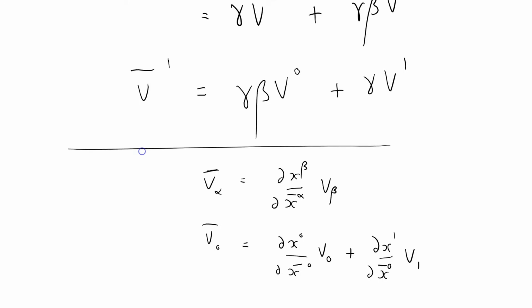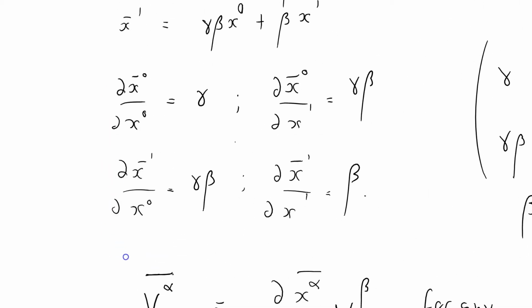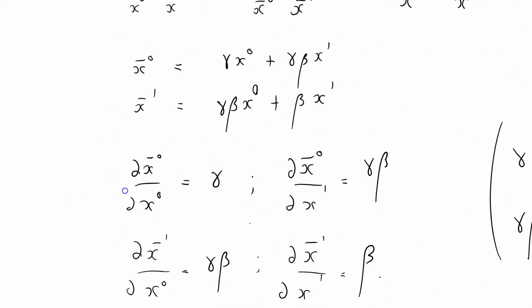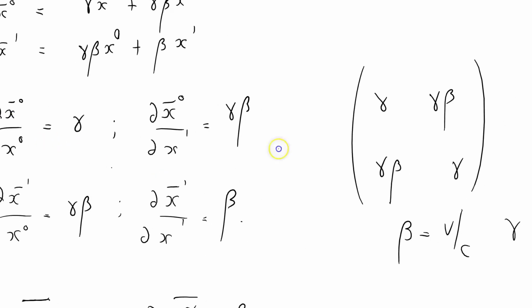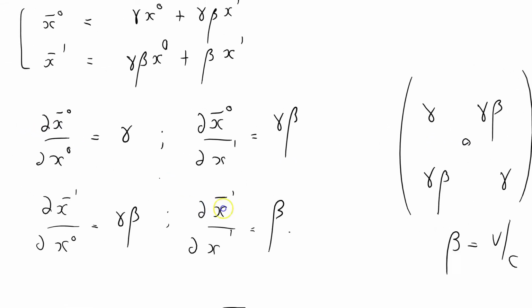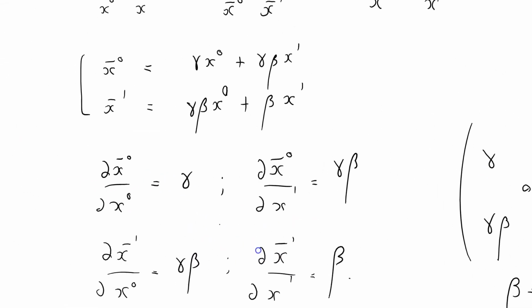Now, in order to do this, we need to invert this relationship here. So we need to take a matrix inverse of this matrix, because I want x0 in terms of x bar 0s and x bar 1s.